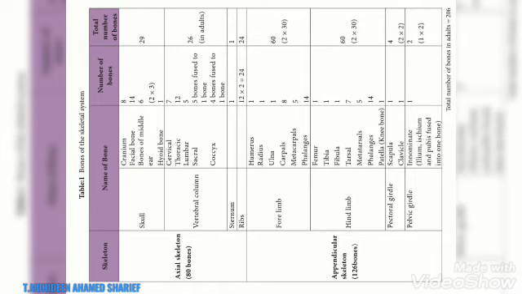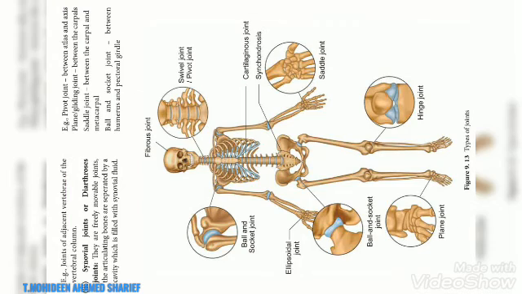In that, forelimb and hind limb, that means our hands and legs, have nearly 120 bones, and it is equally given. Forelimb, our hands, has 60 bones. Hind limb, our legs, also has 60 bones. So totally 120 bones are shared between our forelimb and hind limb.